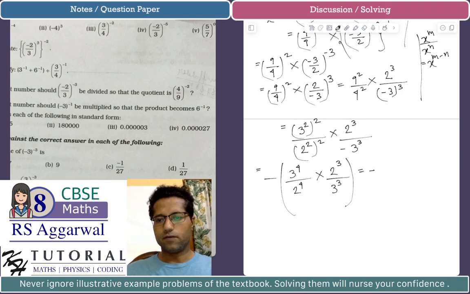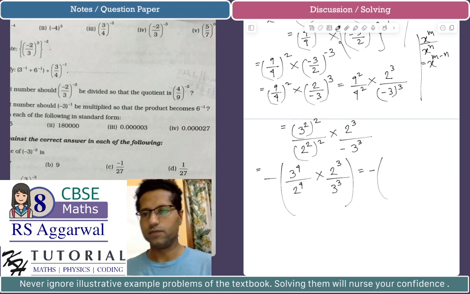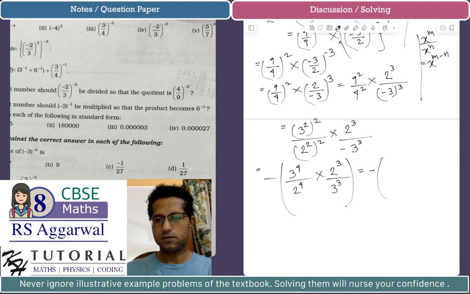Now I will bring all the exponents with the same base together, that is 3 to the power 4 over 3 cube, multiplied by 2 cube over 2 to the power 4.